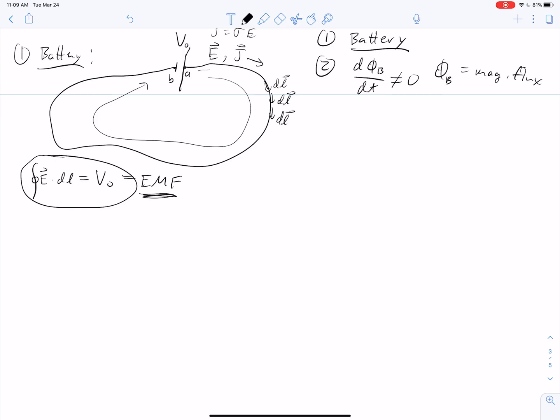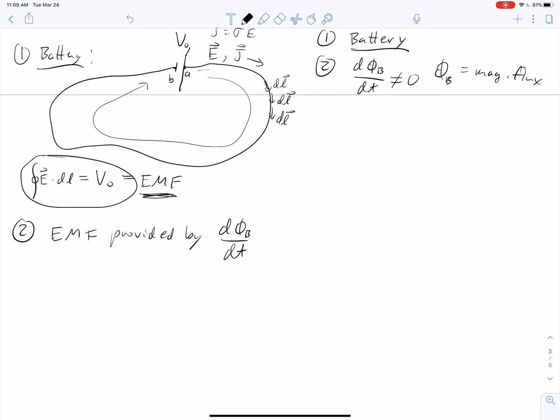But now there's another way. Let's talk about the second situation, where EMF is provided by changing magnetic flux, d phi b dt.